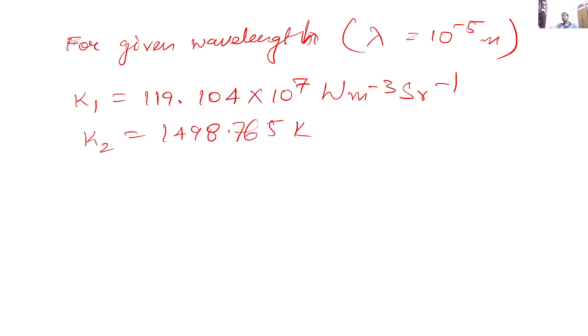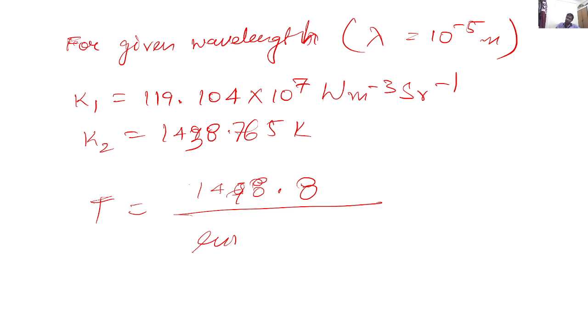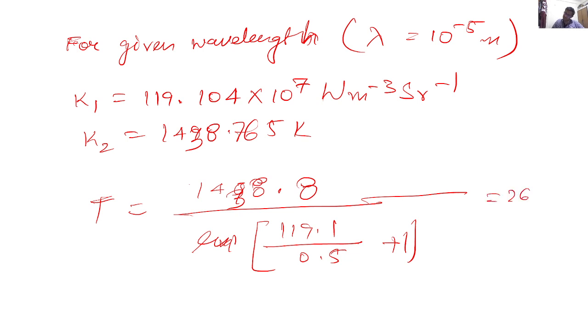You don't need to worry because these values are already given in the MODIS as well as Landsat handbooks, if you want to arrive at the brightness temperatures. So let's just put the values and then we will get T is equal to 1438.8 by ln 119.1 by 0.5 plus 1, and this is 262.6 kelvins.